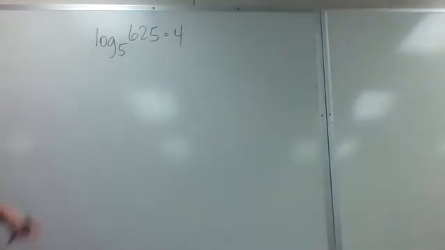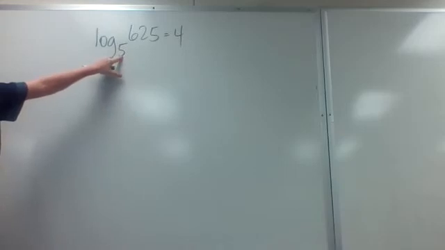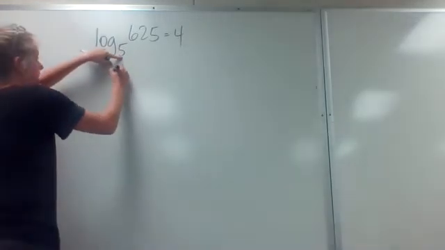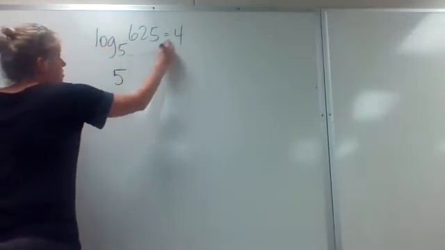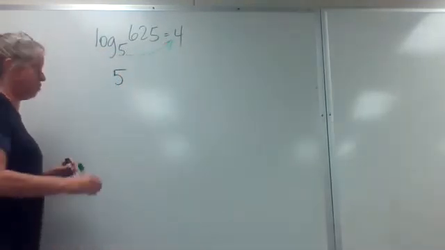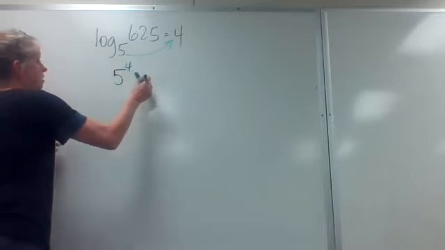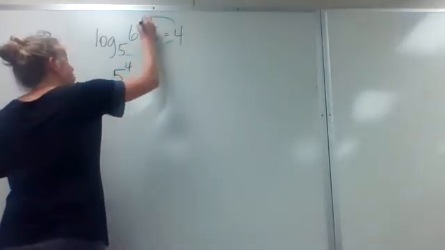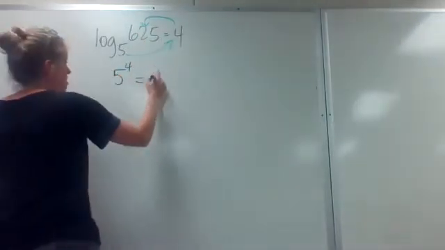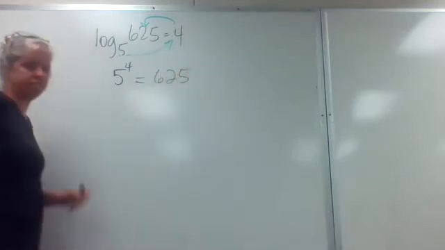If I'm going to turn this into an exponential equation, again, the base of the exponent is the same thing as the base of the log. So I'm going to have 5 to the 4th power, and that's going to be equal to what's in this position, which is 625.